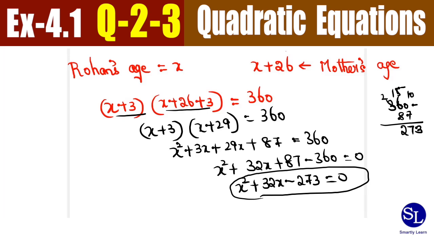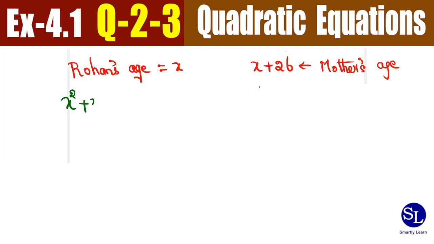And remember, we are supposed to find the value of Rohan's age. So we have to solve this particular quadratic equation, which is x squared plus 32x minus 273 is equal to 0. So I'm going to draw a factor tree for 273, which I'm looking at in terms of the table of 3.